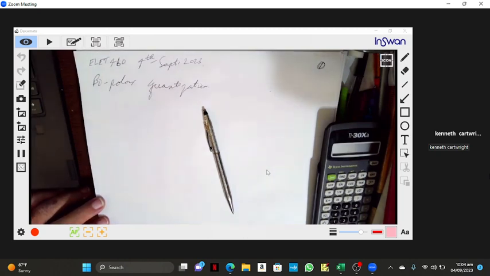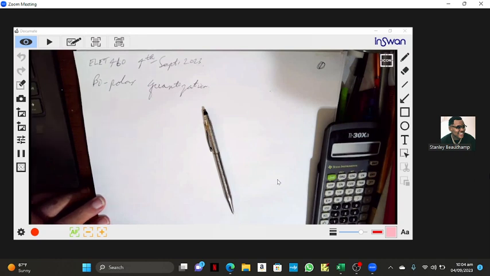Ms. Buchamp, you were saying bipolar means what? At first, I was saying above and below the x-axis. So the values are negative and positive. That's what you mean. Yes, sir.